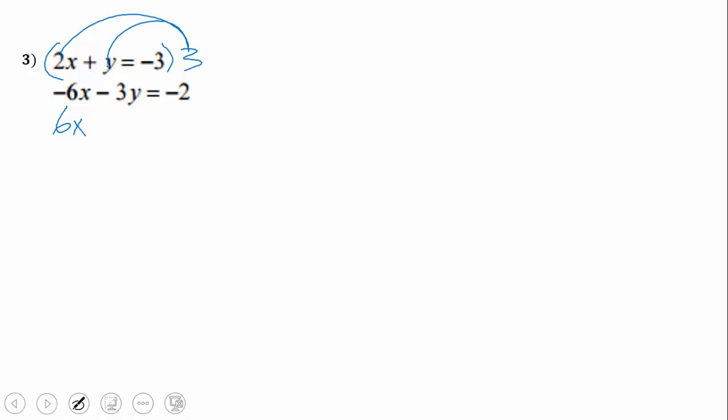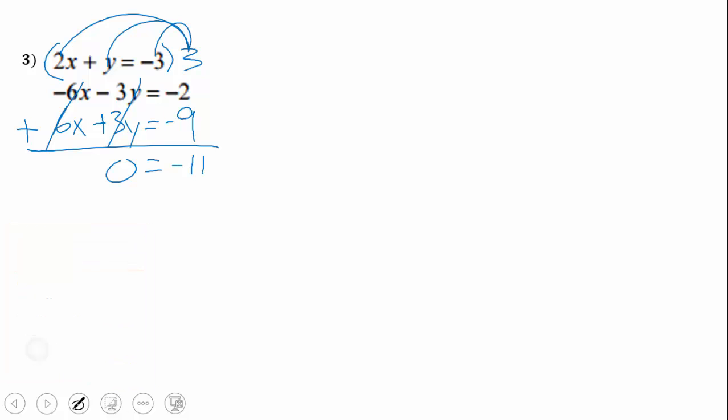And 3 times y, that is a positive 3y. And 3 times negative 3 equals negative 9. Now when I add these together, I have a negative 6x and a positive 6x. That eliminates. I have a negative 3y and a positive 3y. Wow, that eliminates. So on this side, I actually have 0. And a negative 2 plus a negative 9, that's negative 11.